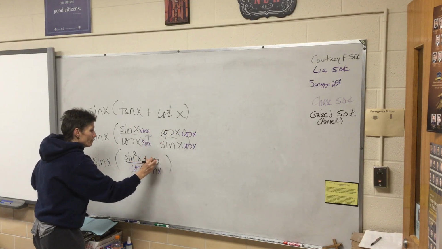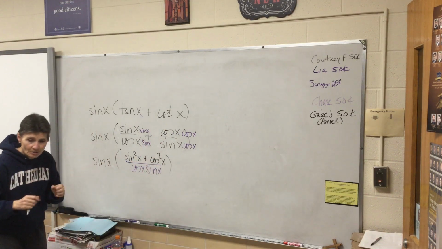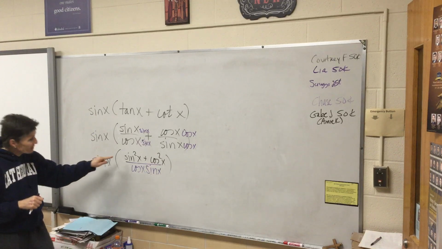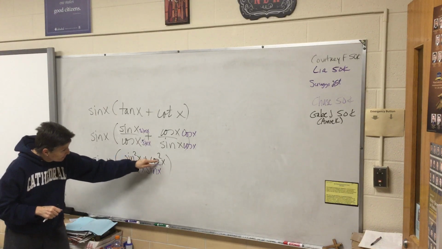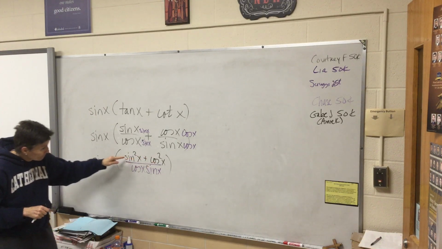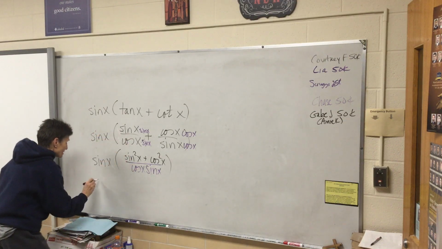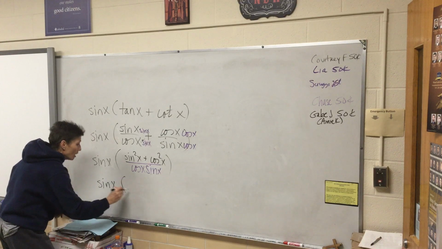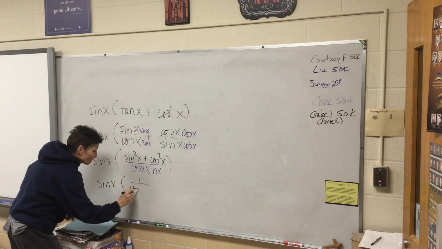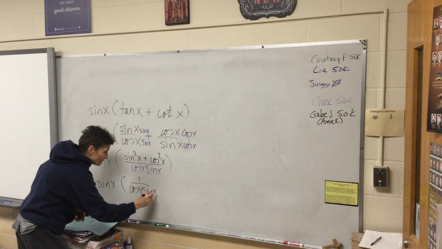Cosine squared. Yep. And now your little hearts are just beating out of your chest because what's that? 1. Yes. So all that junk now has boiled down to 1 over cosine sine.